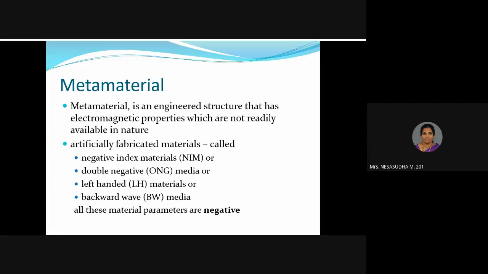It also follows the left-hand rule, that is, the propagation is in the reverse direction, so it is also called a backward wave. When the wave propagates in the forward direction, it is called a forward wave medium. Since metamaterial propagates in the backward direction, it is called backward wave propagation.